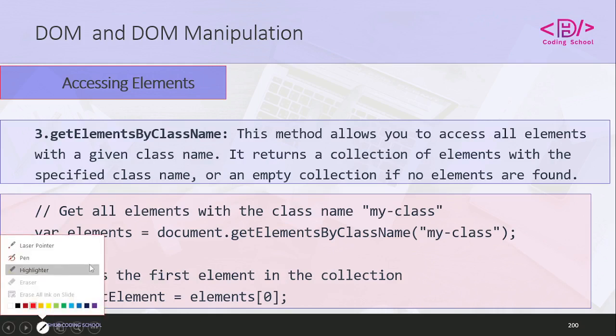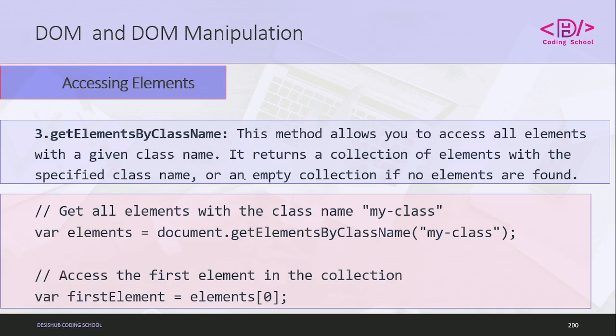So I want to highlight this: it returns a collection of elements with a specified class name, or an empty collection if no elements are found. So to get all elements with the class name myClass, you say document.getElementsByClassName.